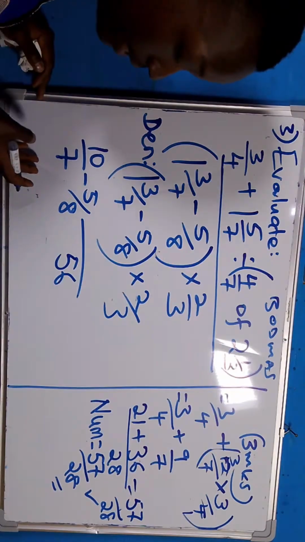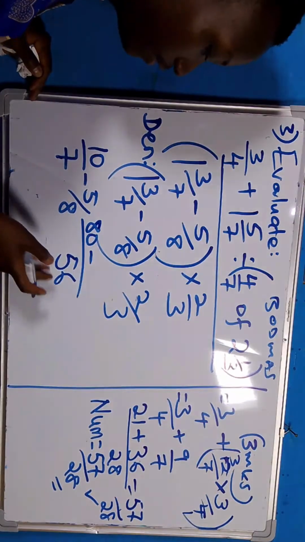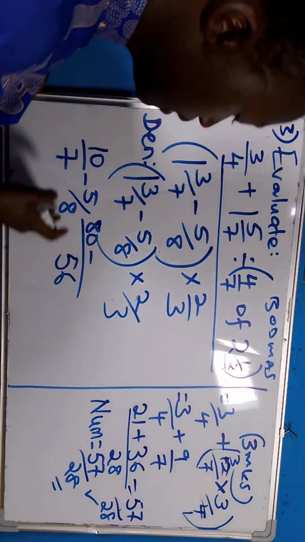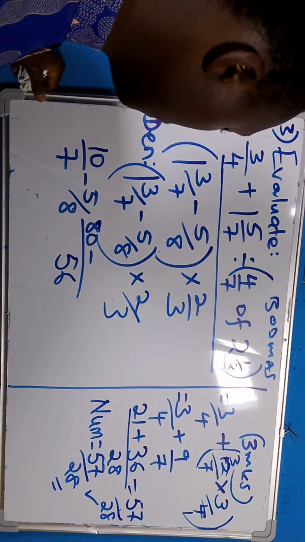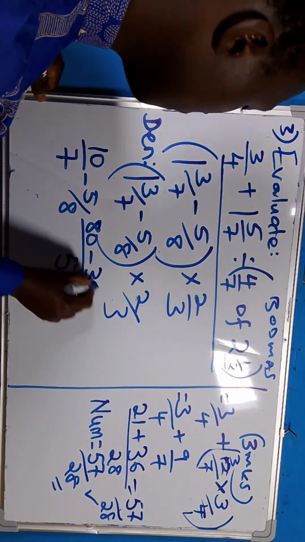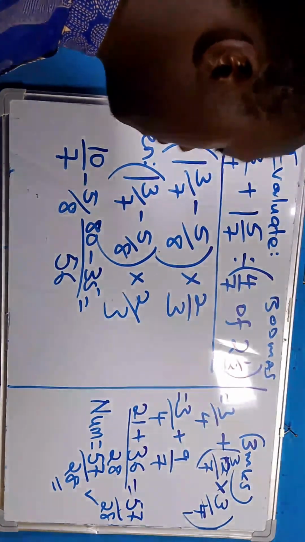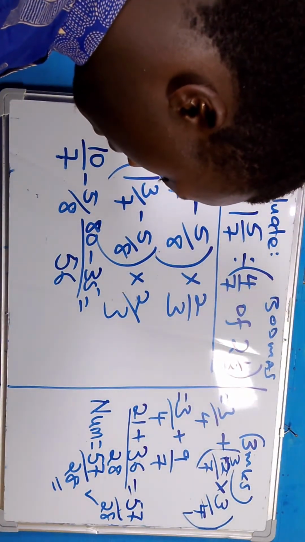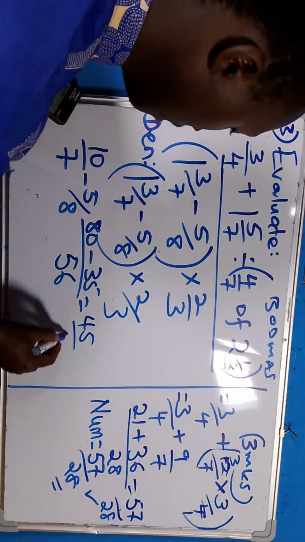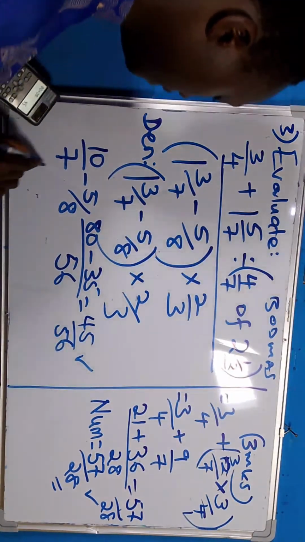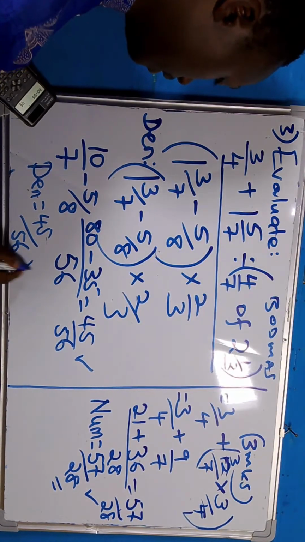So 56 divided by 7 is equal to 8, 8 times 10 is equal to 80, minus 56 divided by 8 is 7, 7 times 5 is going to be 35. So 80 minus 35 is going to be 45 over 56. So our denominator is equal to 45 over 56.